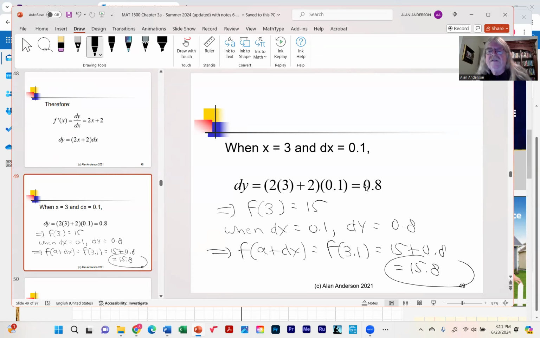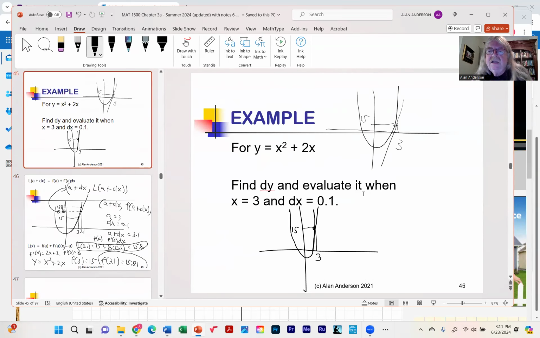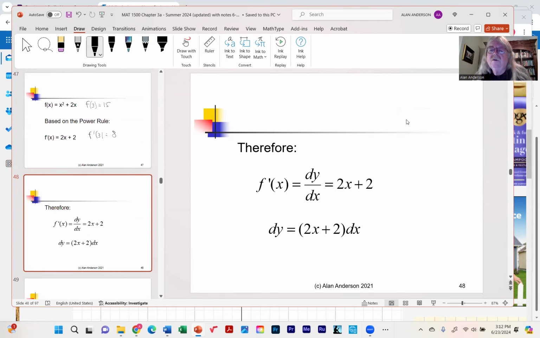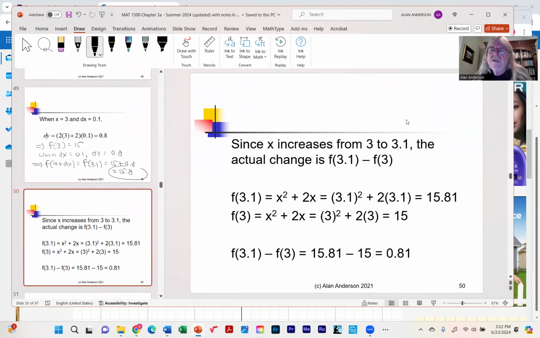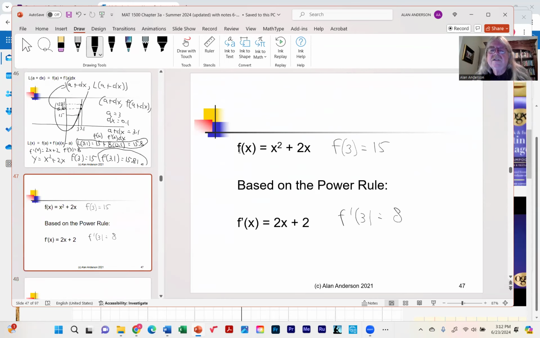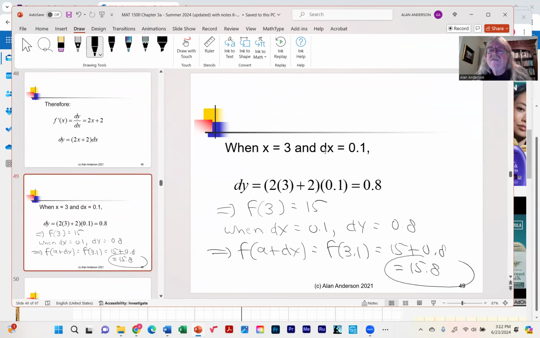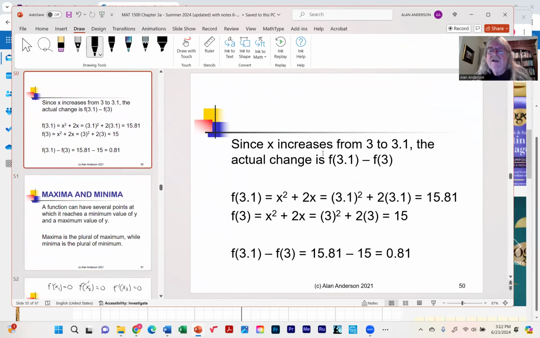Now, if you look at this graph, you'll see that our approximation is going to be a little too low, because the tangent line is below the curve. Since the function is x squared plus 2x, the exact value of f of 3.1 turns out to be 15.81.